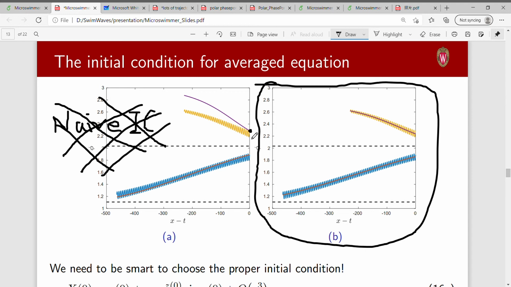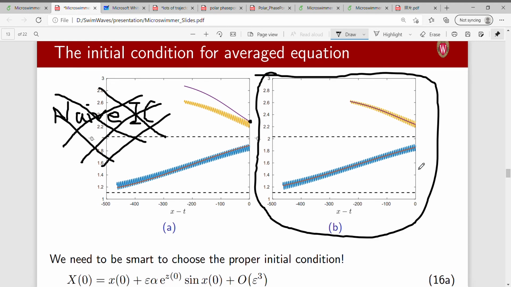We averaged the original system, and then we also have to average the initial condition, so that for example, for this blue curve, we start in the middle of it, so that this average trajectory will track these oscillations all the way, okay?